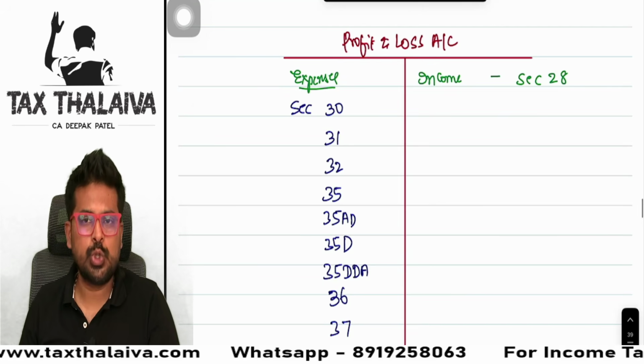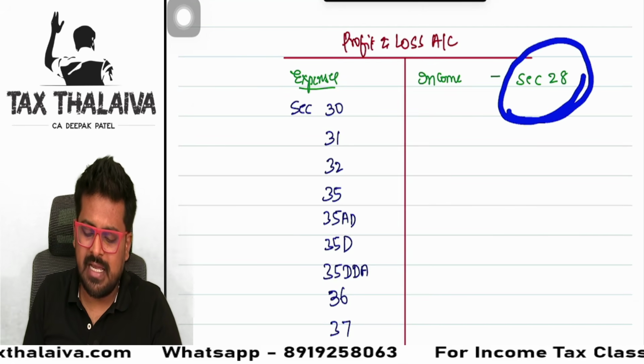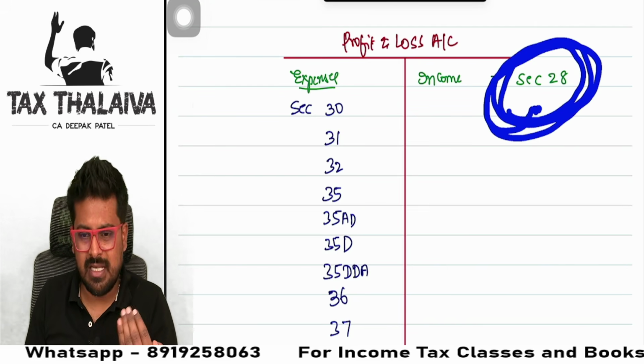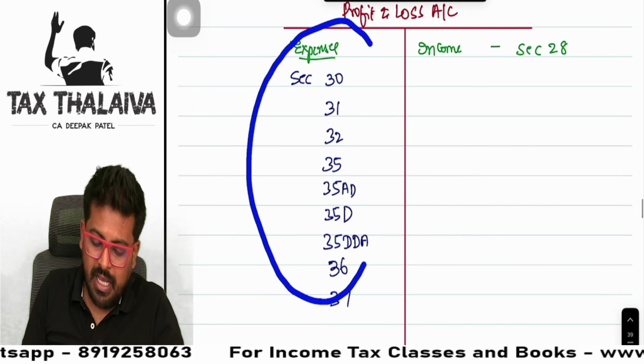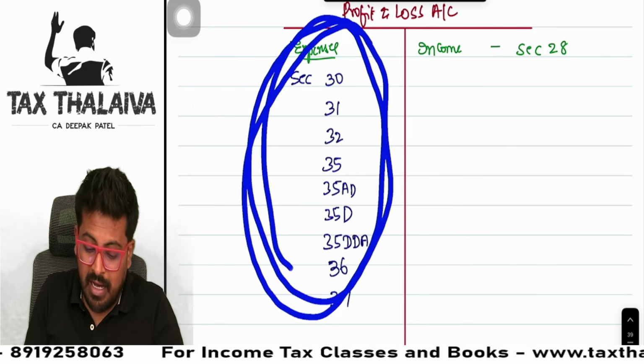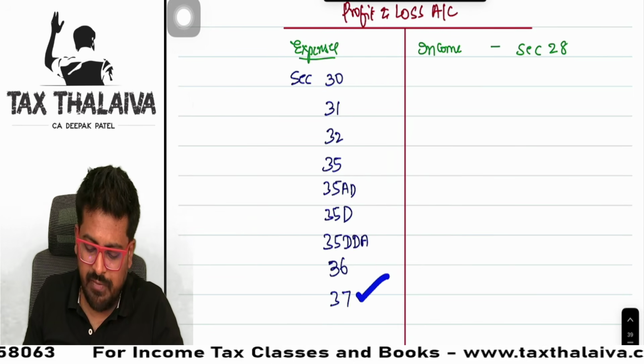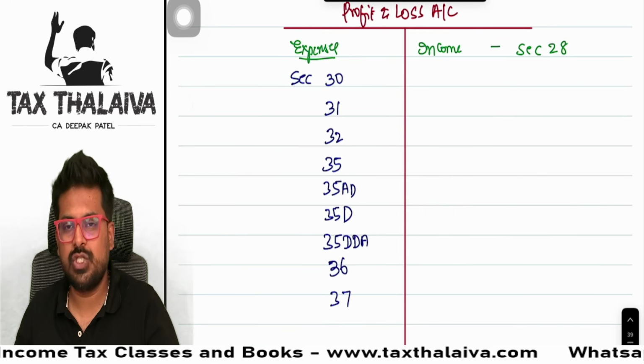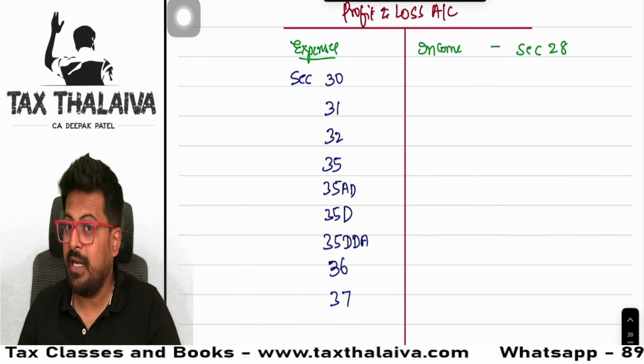So what we have discussed so far is the credit side. We have discussed the list of incomes under section 28, and the debit side of your profit and loss account, right from section 30 till 37, what kind of expenses you can claim under PGBP. It is not ended yet.